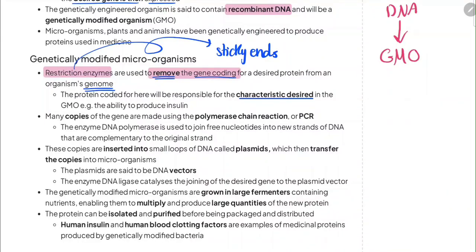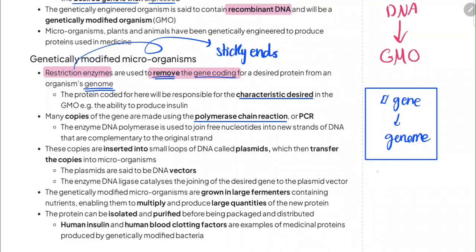Many copies of the gene are made using the polymerase chain reaction. Of course, I'm not gonna take a small, tiny gene from the genome of a specific genetically modified organism. This process itself is very hard and complicated. So once I get a small thing, I'm not gonna just use it in one process and then forget about it.